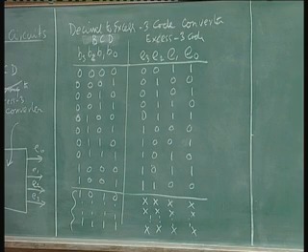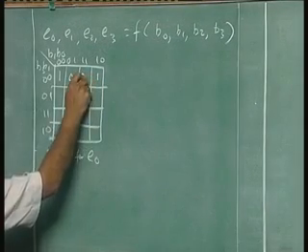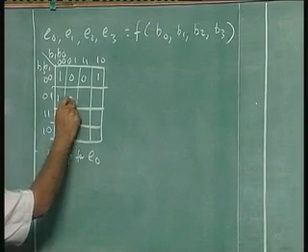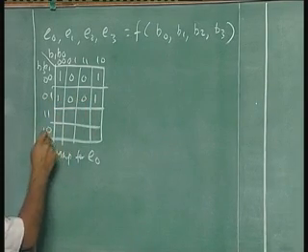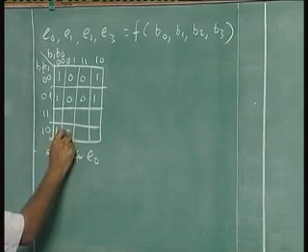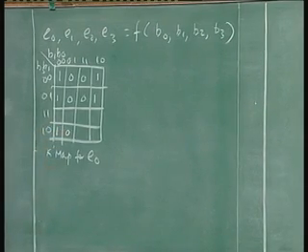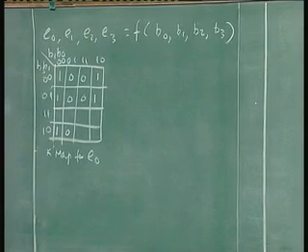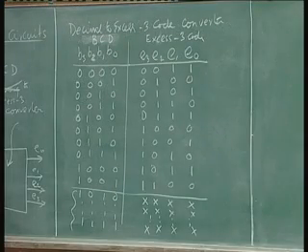It is 1, 0, 1, 0, 1, 0, 1, 0, 1, 0. Beyond that all don't cares. Only 10 entries are there, all others are don't care conditions, so I put an X here.